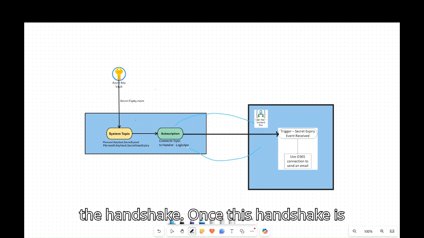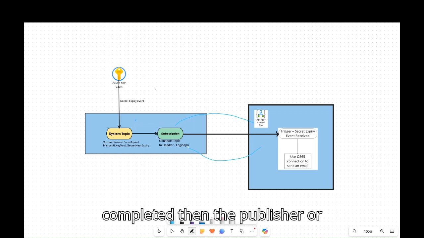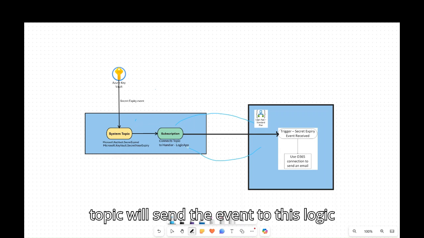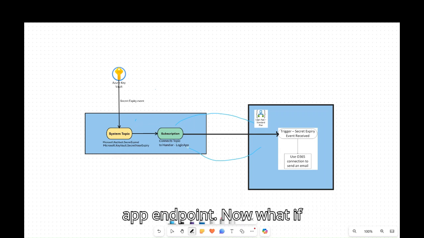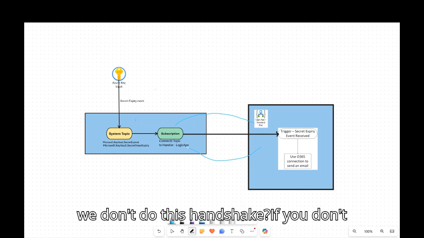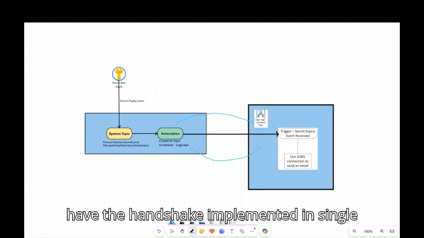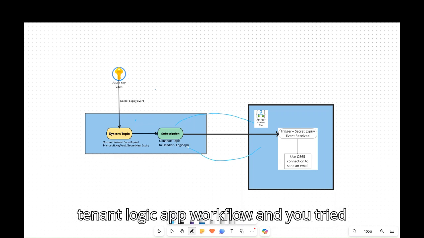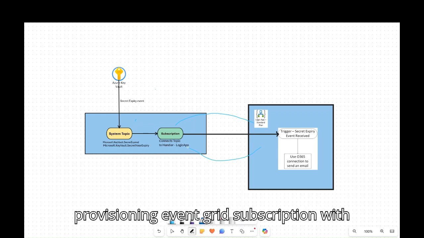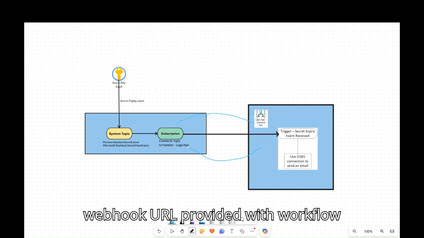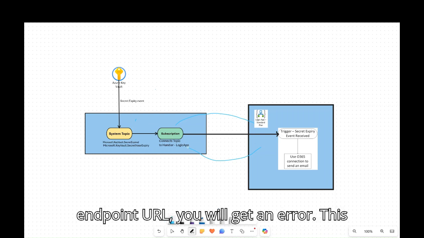Once this handshake is completed, then the publisher or topic will send the event to this logic app endpoint. Now, what if we don't do this handshake? If you don't have the handshake implemented in single tenant logic app workflow, and you tried provisioning event grid subscription with webhook URL provided with workflow endpoint URL, you will get an error.